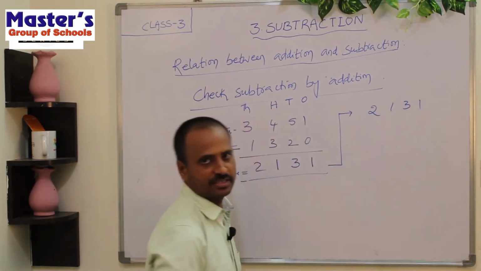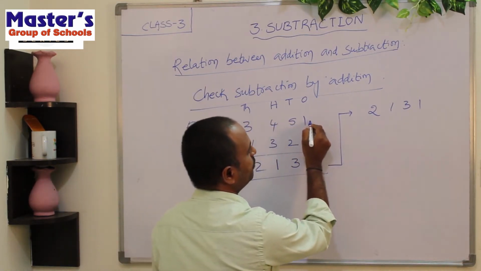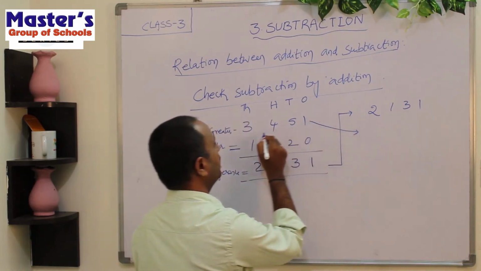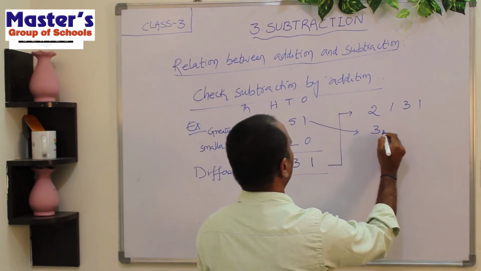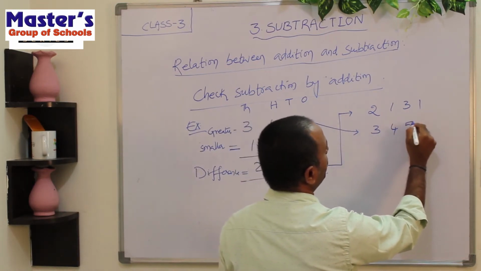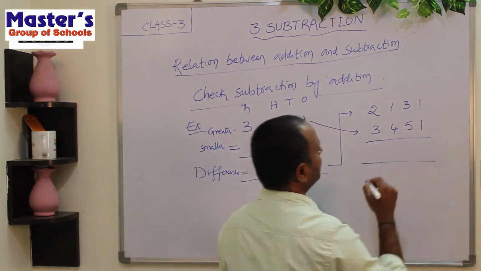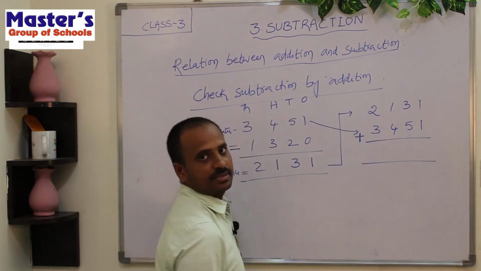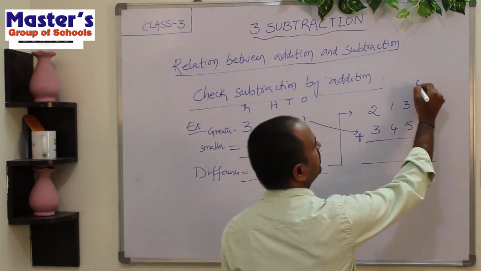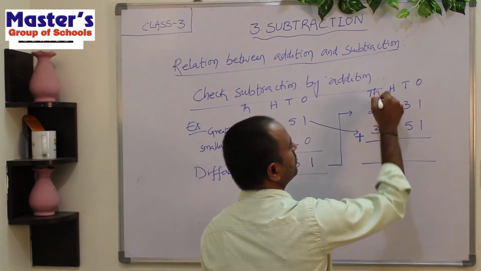This is the difference. And write the greater number, add the greater number to it. What is the greater number here? 3451. So put the plus symbol and add these two numbers. Write the places first: ones place, tens, hundreds, thousands.